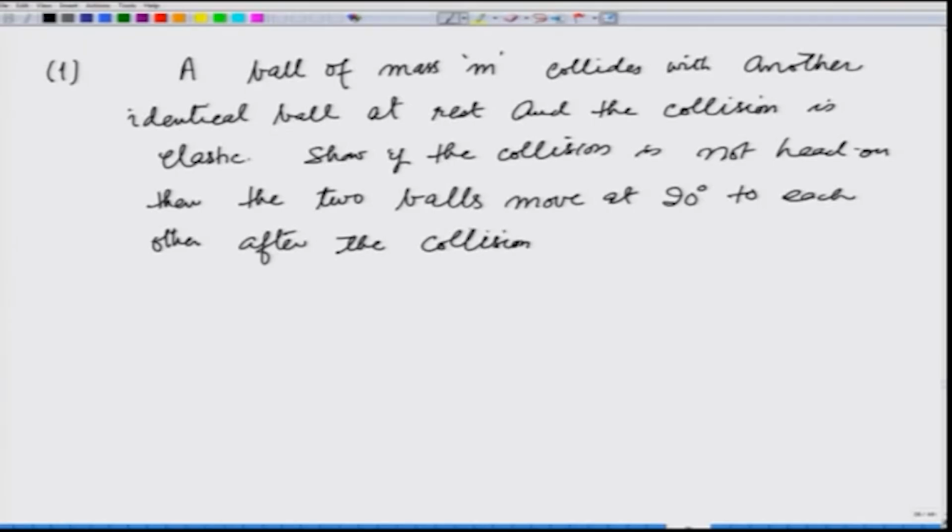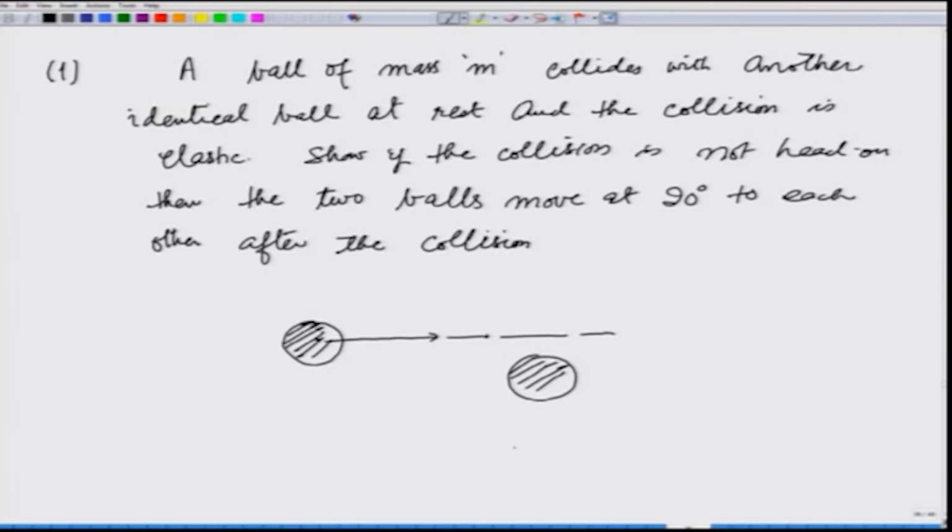So, what is happening in this problem is, here is a ball at rest, and this is in the plane of this screen, and another ball comes in with the center moving like this and collides with this ball.